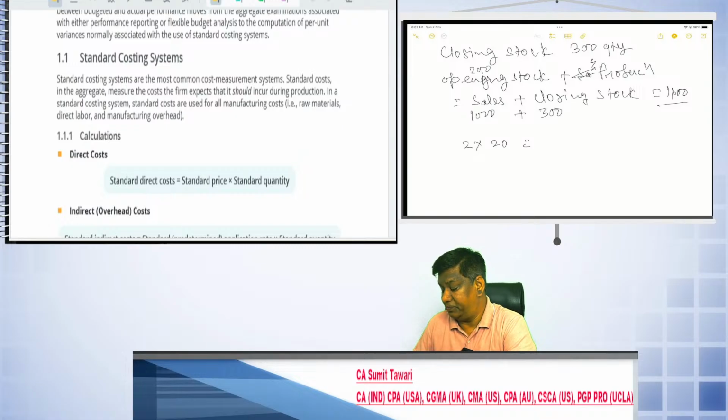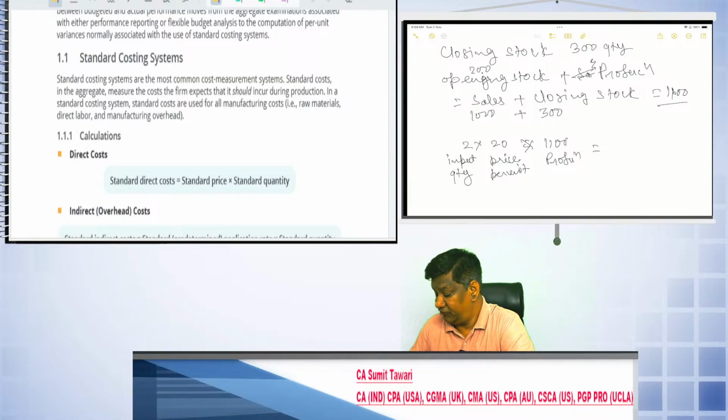So my material consumption budget is 2 multiplied by 20, the input quantity and the price per unit, and I need that for 1100 production. So my standard material consumption is 1100 multiplied by 20 multiplied by 2, which is 44,000. This is my material consumption.